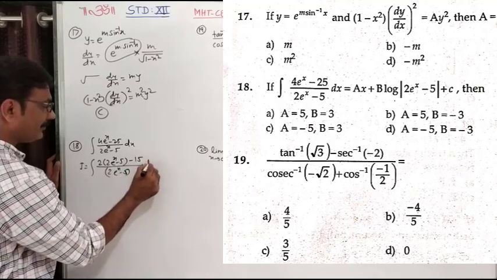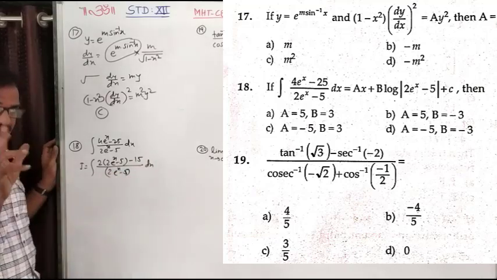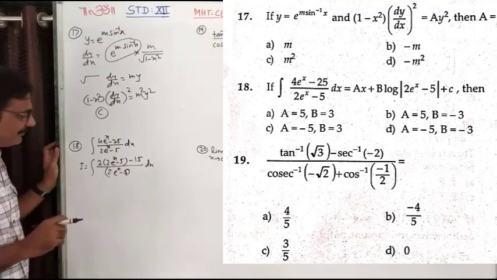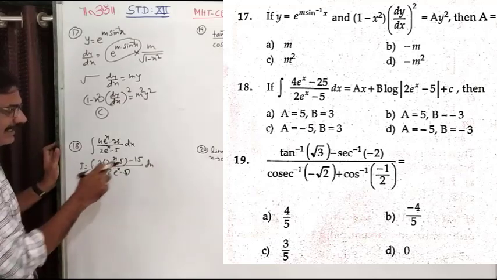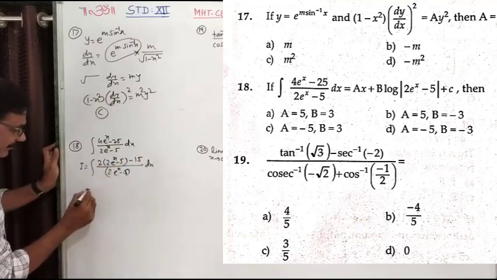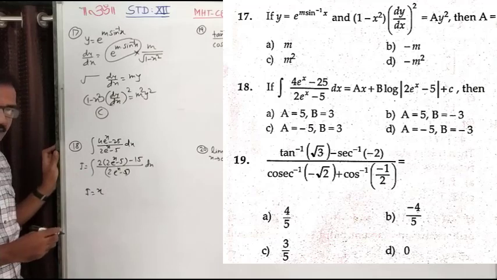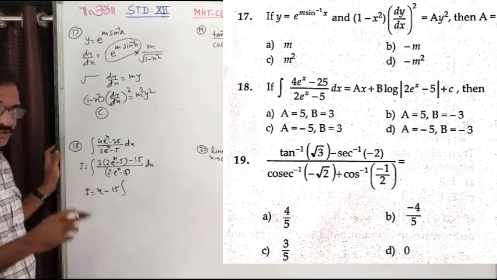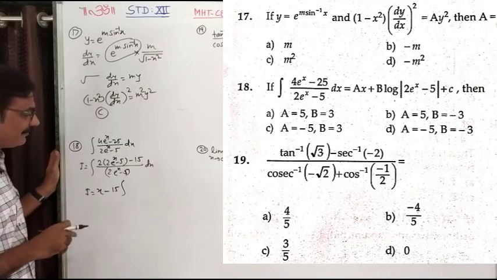Okay, now see it carefully how the maximum thinking and minimum writing works here. Just separate them. So it becomes 2dx. Its integration will be x minus, I take 15 as common. See it carefully what I say.